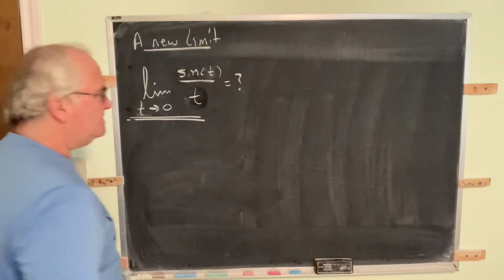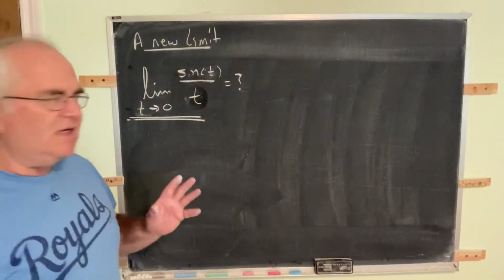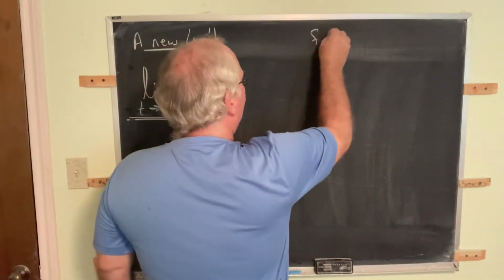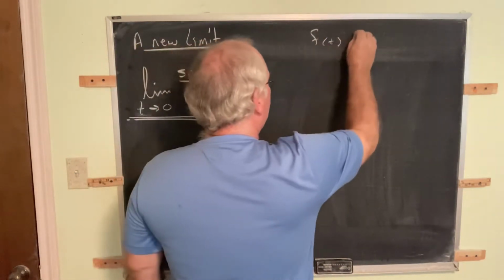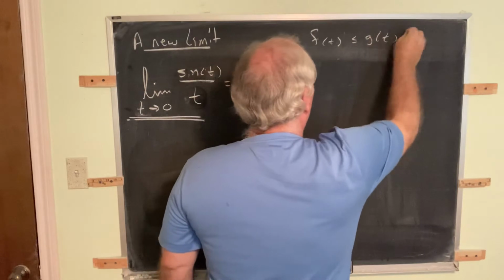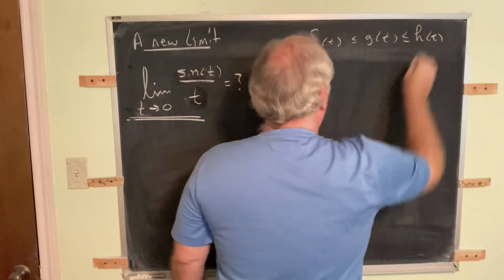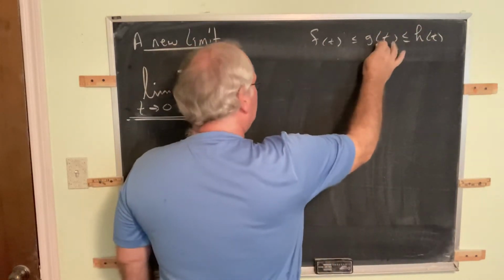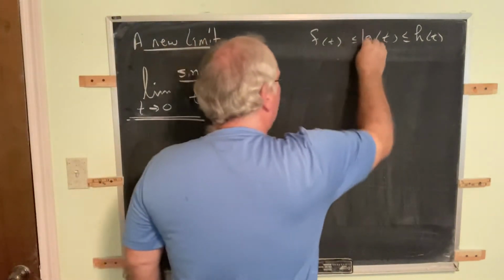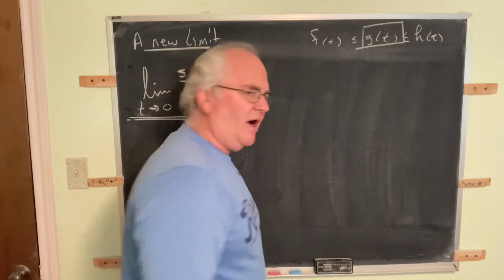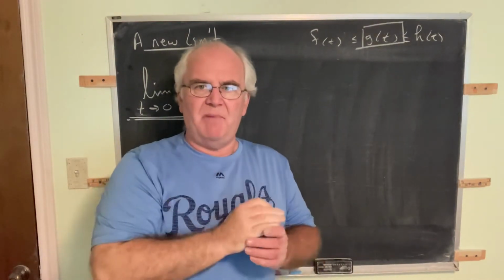All right? So, remember the squeezing theorem. The squeezing theorem says we need to have an f of t less than or equal to g of t less than or equal to h of t. What do I need to have? I need to have g. This is my function whose behavior we don't know. Remember the middle, in the metaphor I used before, the metaphor of the bucking horse.